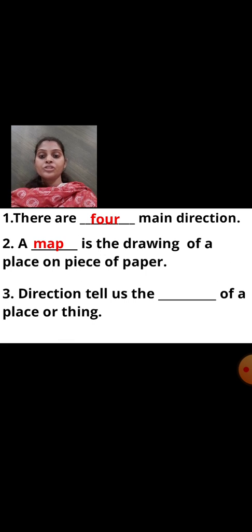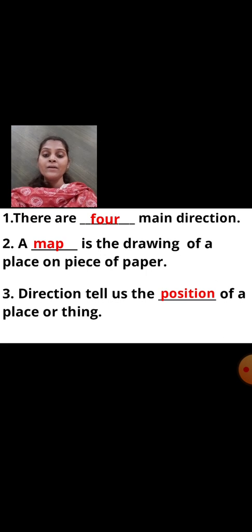Number 3 question: Directions tell us the dash of a place or a thing. Suppose you are finding the correct direction in which this thing or place is kept. It tells us about the position. Direction tells us the position of a place or a thing.